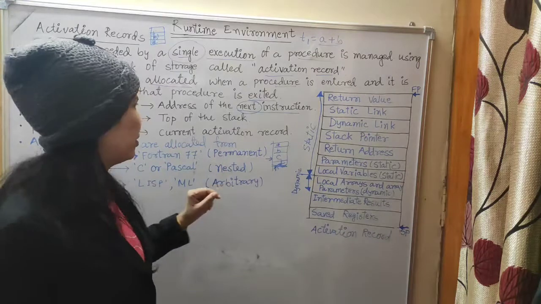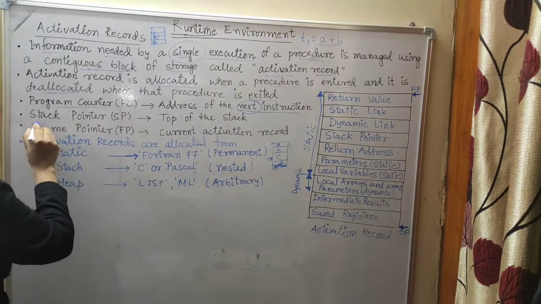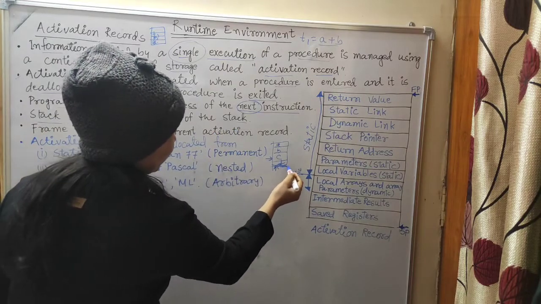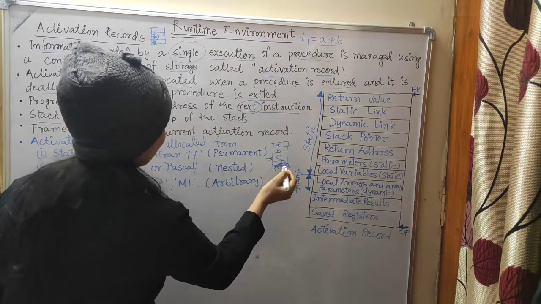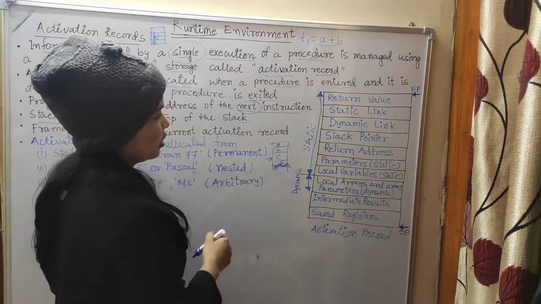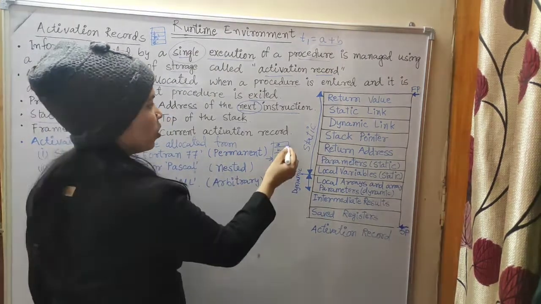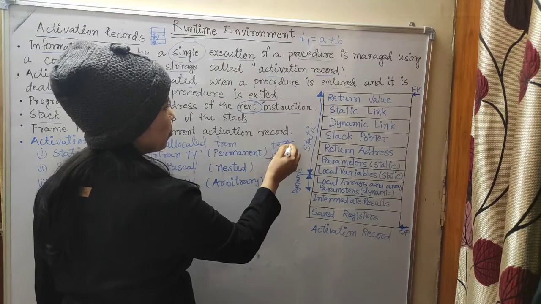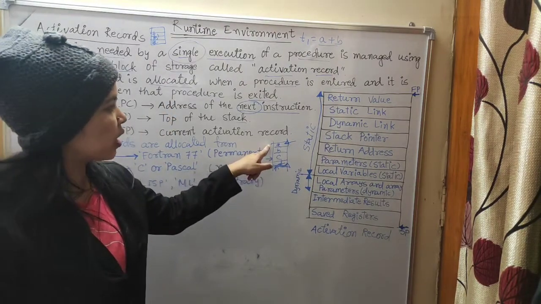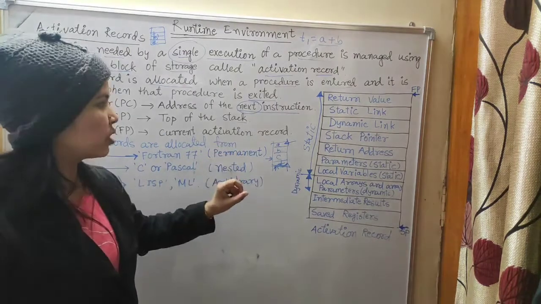Now stack pointer points to the top of the stack, that means in the D place the stack pointer will be there. Frame pointer points to the current activation record. This is A, so in the A place there will be the frame pointer, because this is the current activation record.